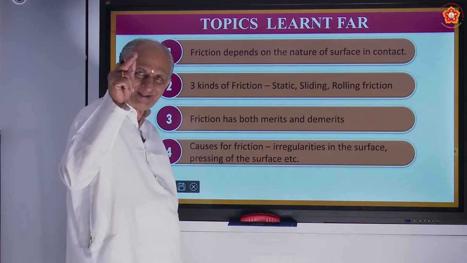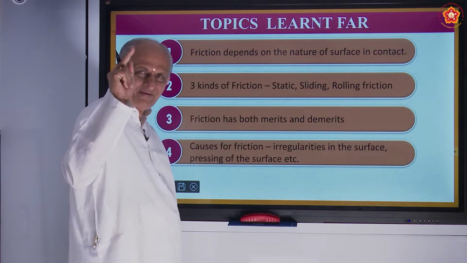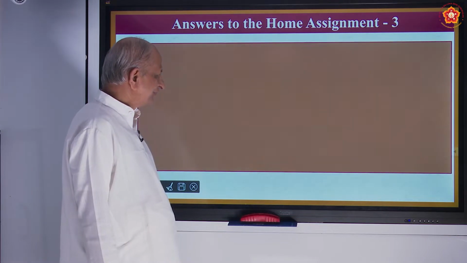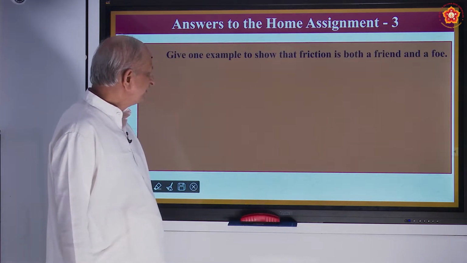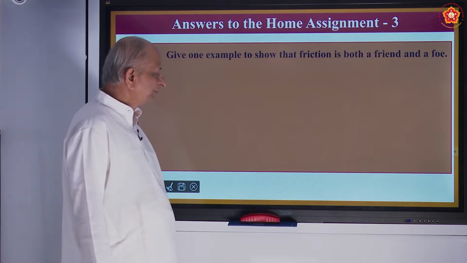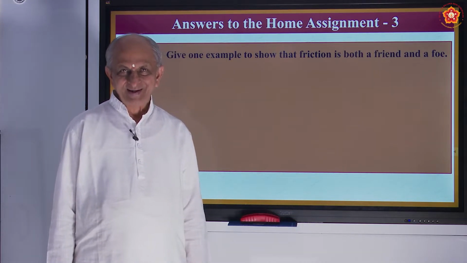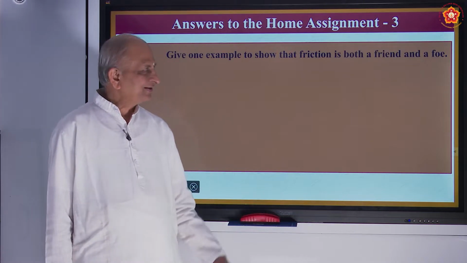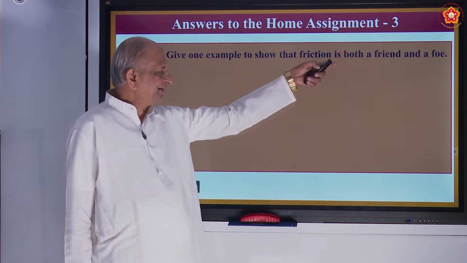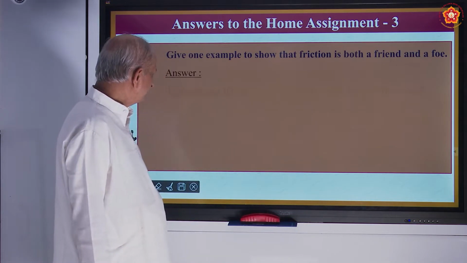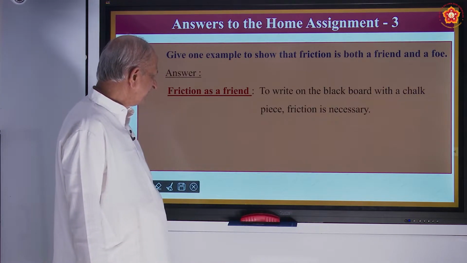Shall we go to the home assignment? How many have done it? Okay. So first question is, give one example to show that friction is both a friend and a foe. What is foe? Enemy. Means what? Merits of friction and demerits of friction. So what is that you can write for merits?